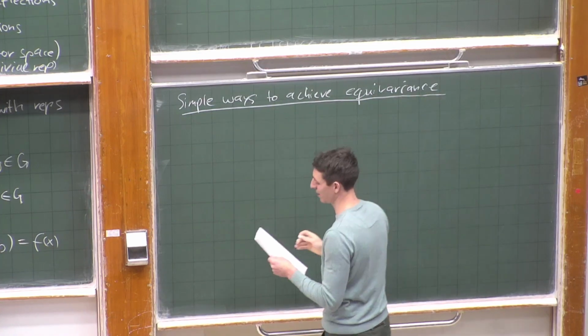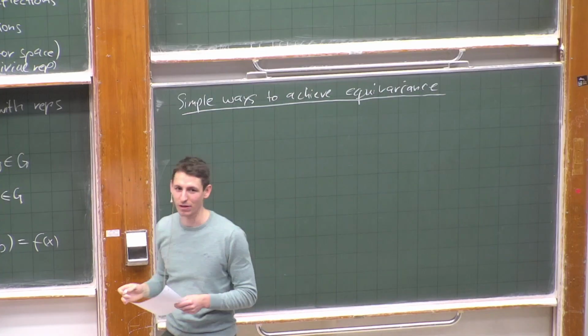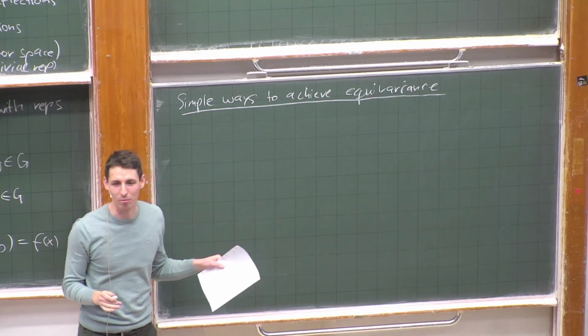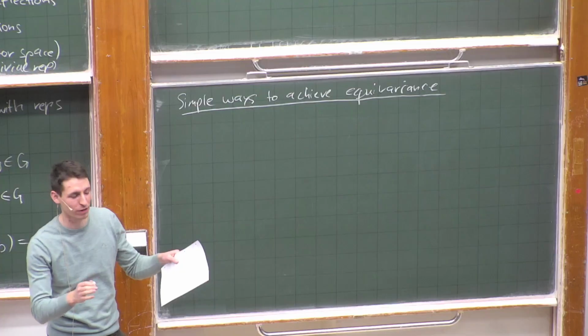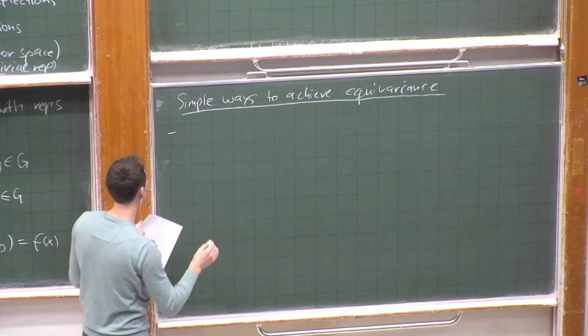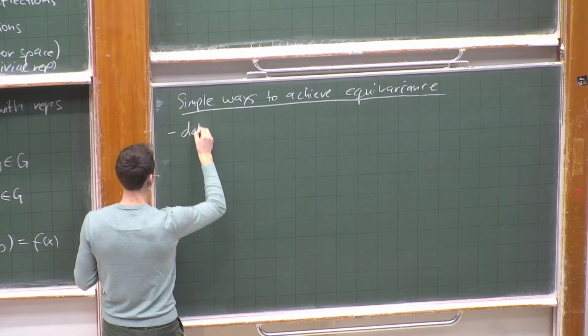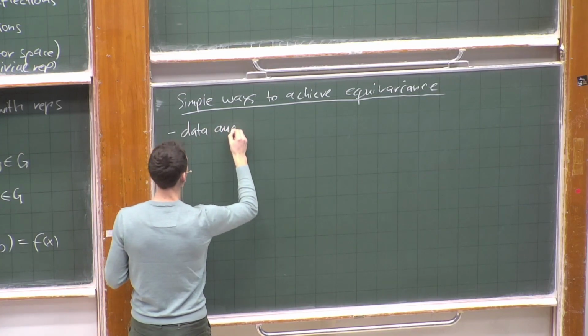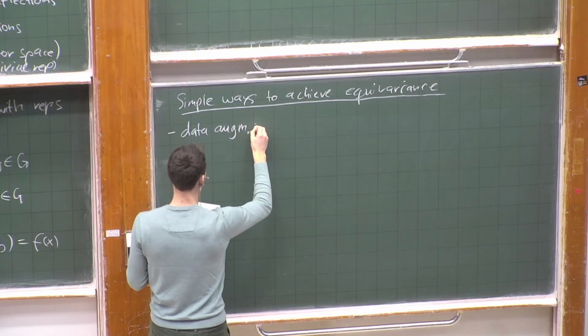Arguably, the most simple thing you can do, I guess there are more examples of simple ways how to achieve equivariance. I will present 2 examples to you, and arguably the easiest thing you can do is data augmentation. What is data augmentation?